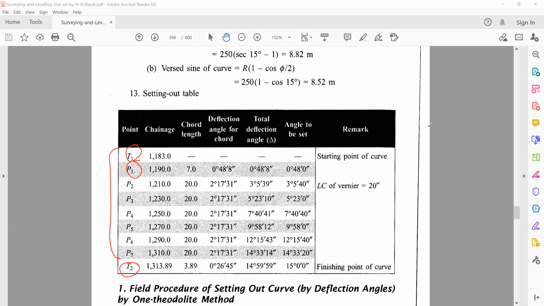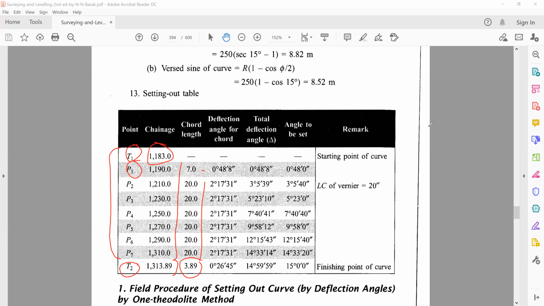Then they've written the chainage. So we had 1183, and we added 7 to that. After that, you can see there's an interval of 20. But for the last point, the interval is smaller. So the chord length was 7 in the beginning, then it was 20, and then it was 3.89.